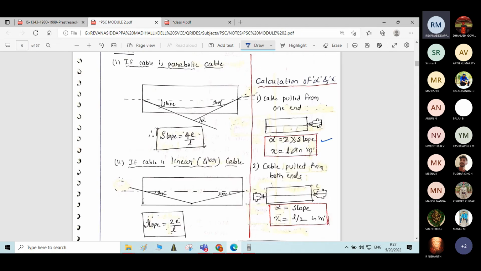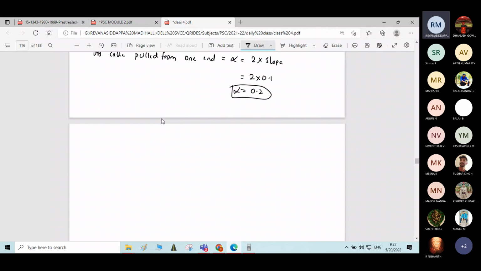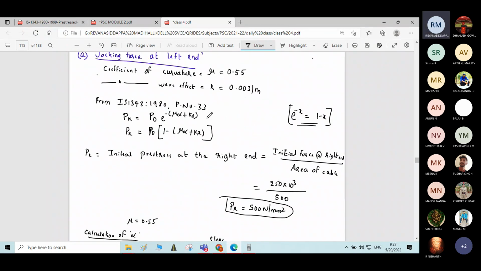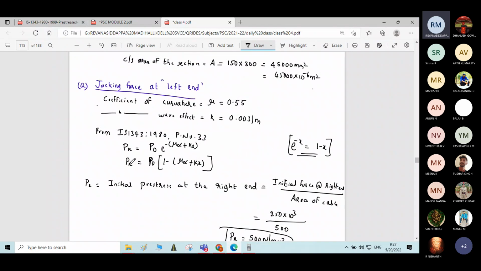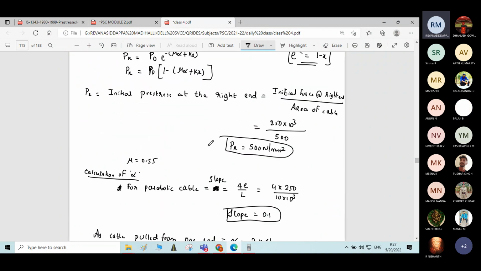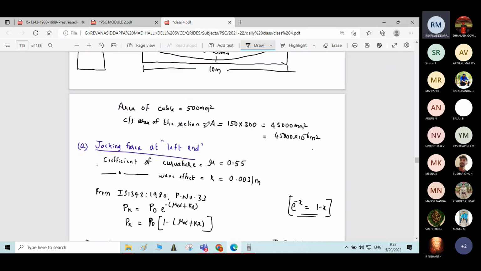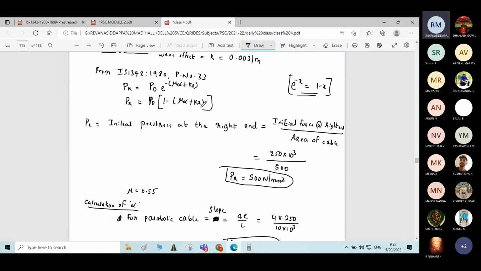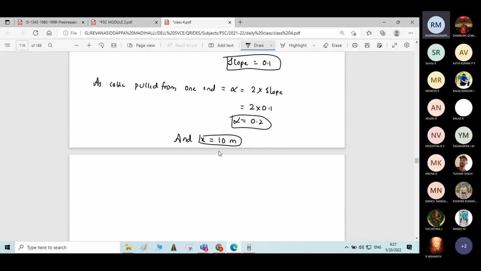X is equal to L in meter, the length of the beam, 10 meter. In meter you need to substitute. Now we have calculated Px, mu, alpha. K is given in the problem, and x we know is 10 meter.